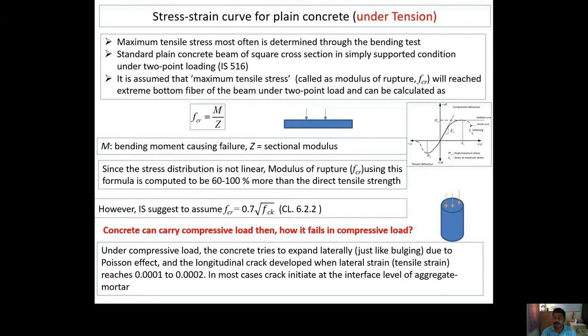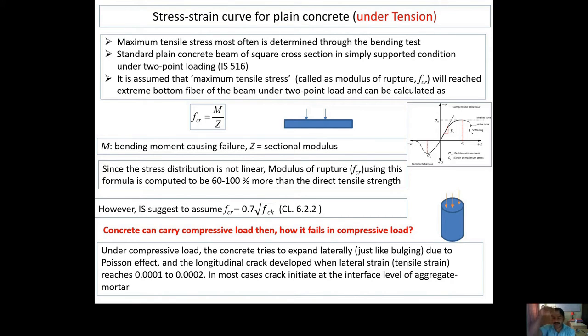In the middle of the cylinder there will be strain, which is lateral in direction. Due to the compressive force, the cylinder will try to expand in the lateral direction, and this lateral expansion will induce cracks in the longitudinal direction. That comes due to the Poisson effect.